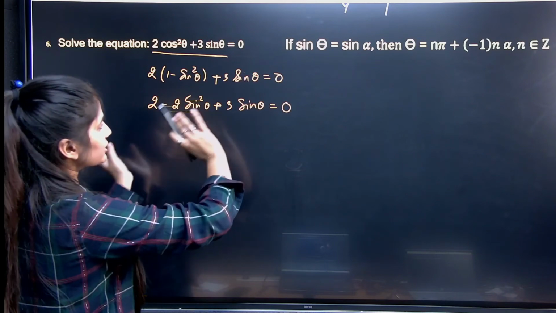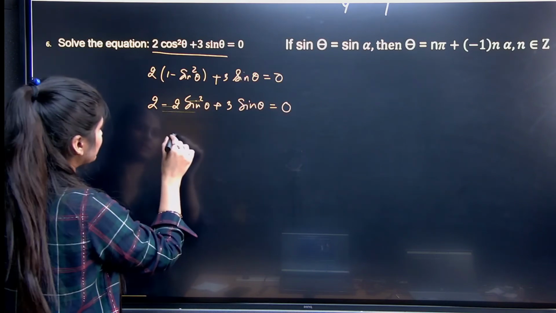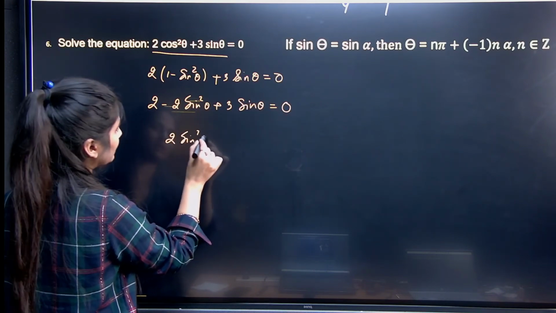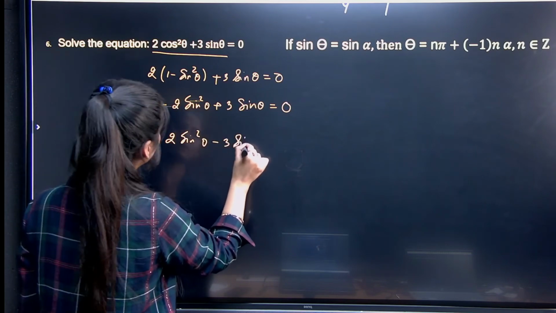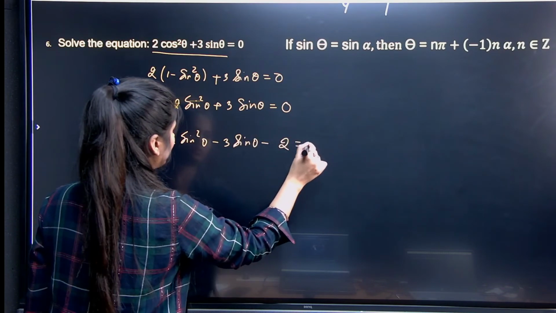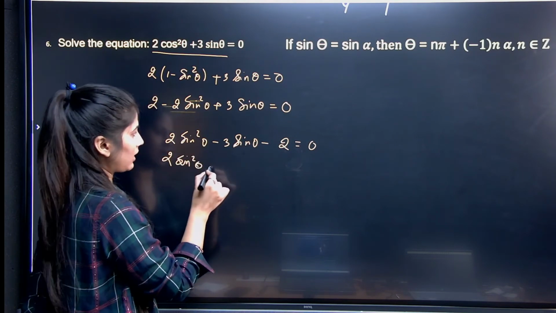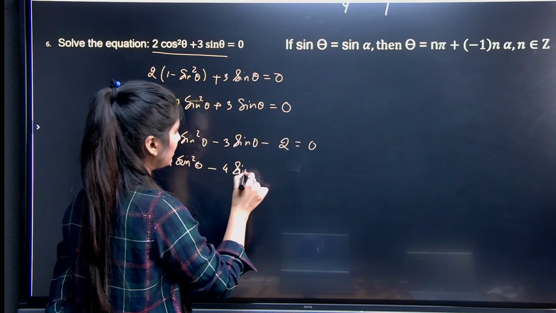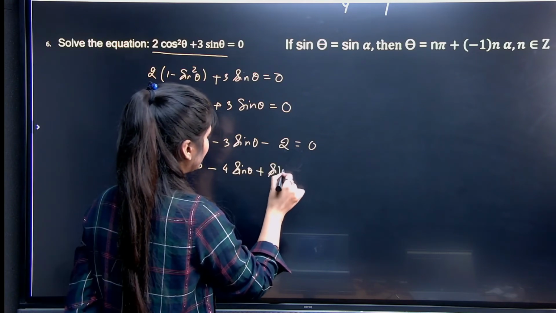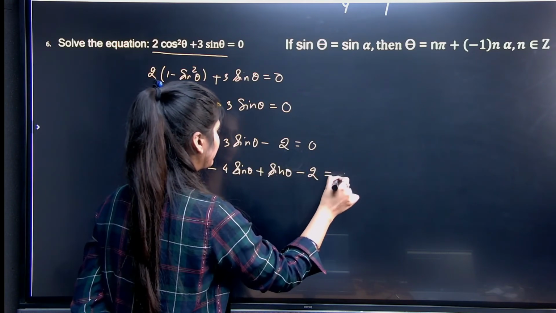Okay, so we'll shift all the terms to the RHS. It is 2 sin square theta minus 3 sin theta minus 2. So it is 2 sin square theta minus 4 sin theta plus sin theta minus 2.